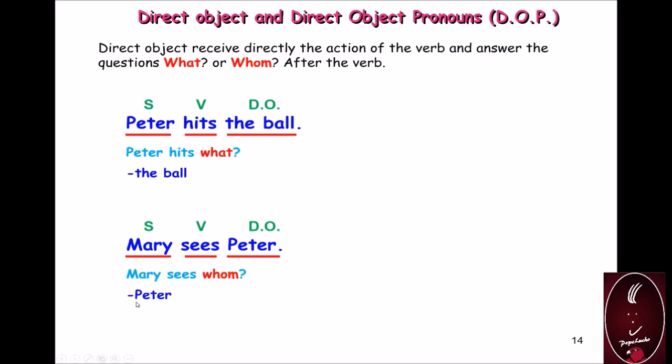Peter. Peter is the direct object. That is the way we identify a direct object in the sentences: what object is receiving directly the action of the verb or answers the question after the verb? What or whom?